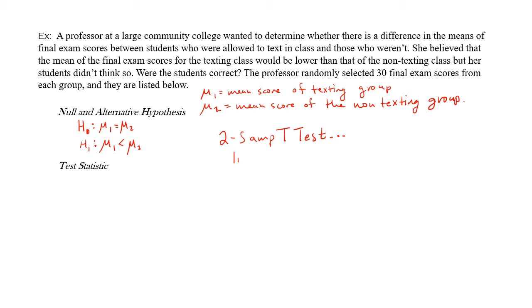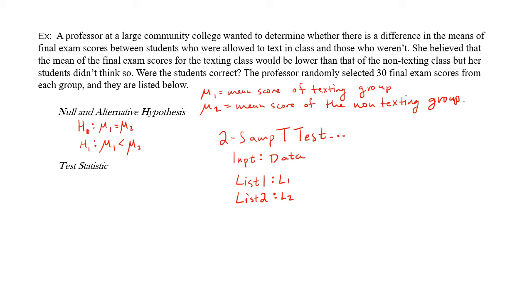So make sure for input, we're going to use data, and we can reference each of those lists. In my case, I entered the data from the first group into L1. So for list 1, we'll reference L1, and for list 2, the second list, I used L2.